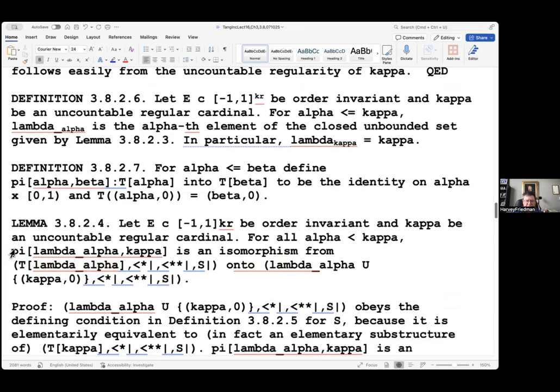So this says that if you jump them up, you get an isomorphism. If you jump up from alpha to kappa, you get an isomorphism from the structure with alpha to the structure with kappa.